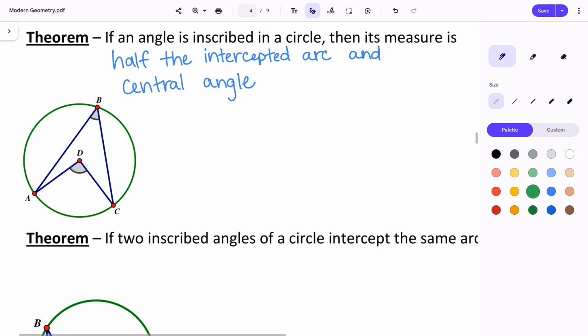So think of it like this. If I had the central angle or the arc, like we did yesterday, if you have one of those two, then you automatically know what the other one is because they're congruent. So let's just say I know that angle D is x degrees. That means that this arc AC would also be x degrees.